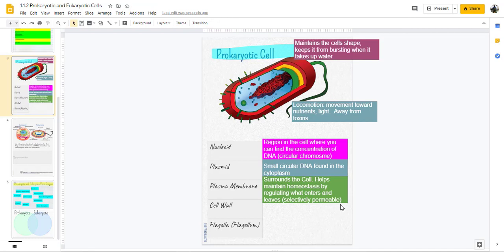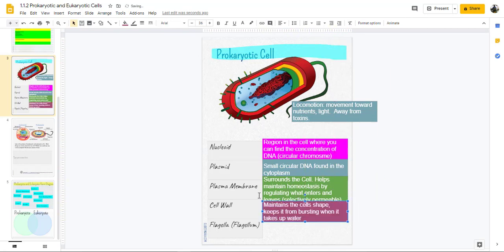Next, on the outside of the plasma membrane, prokaryotes, bacteria cells, also have a cell wall. And that cell wall is important to help maintain shape, just like the plant cell, but also to keep that bacteria from bursting when it takes up too much water.